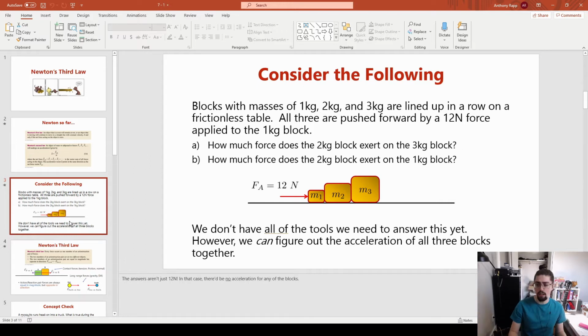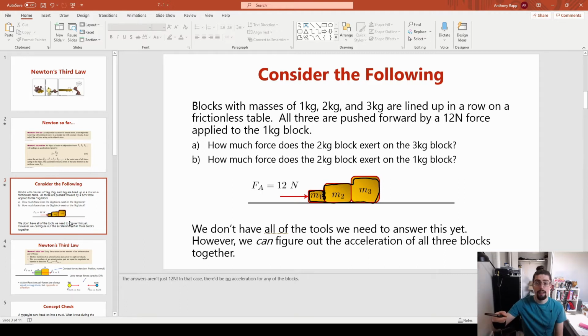Well, what's the difference if these things are 3 individual blocks, or if I have a mini staircase instead? Let's blur the lines here. Let's imagine that this is all one big object together with 6 kilograms of mass. If the whole thing as a strange-shaped block has 6 kilograms of mass and I have 12 newtons of force, I'd expect an acceleration of 2.